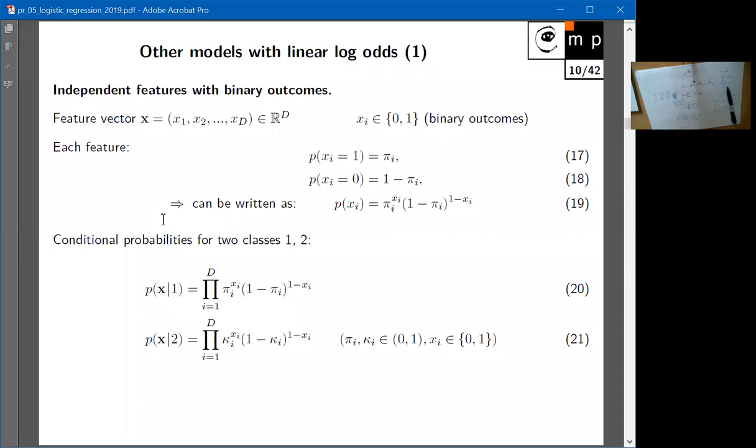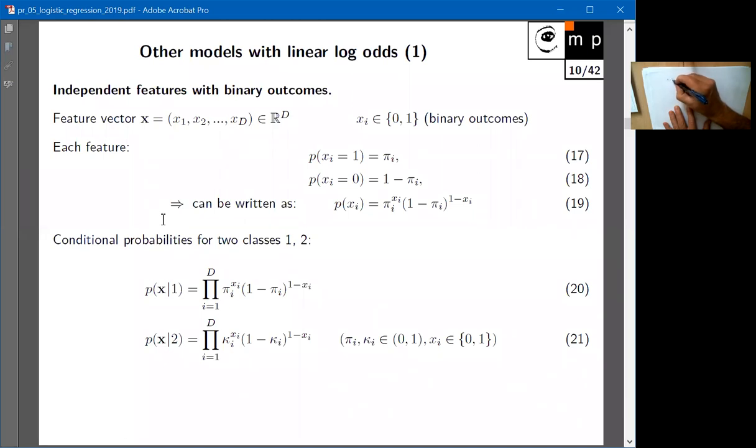Okay, now another completely different model that also has linear log odds, very surprisingly. So this is the model with independent binary measurements. The example I worked on Friday would be perhaps recognizing some animals, but the example which is in the presentation is about our favorite example of distinguishing between females and males.